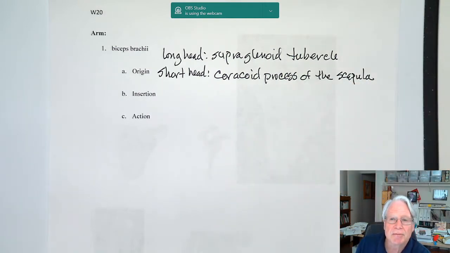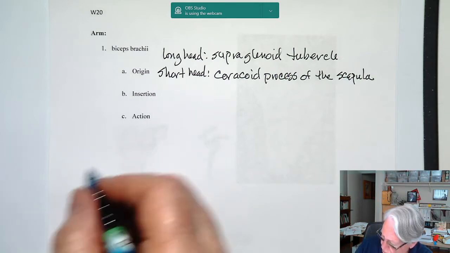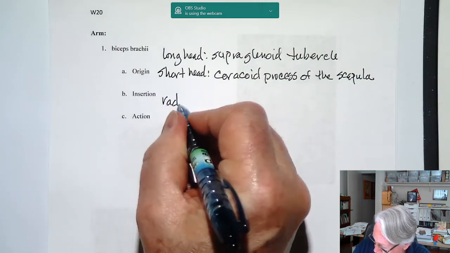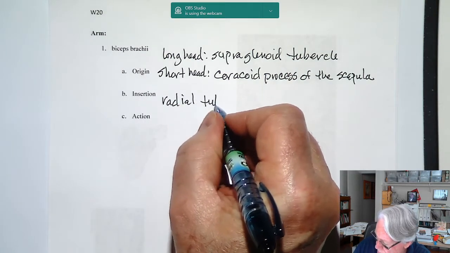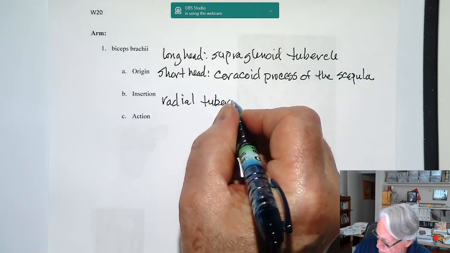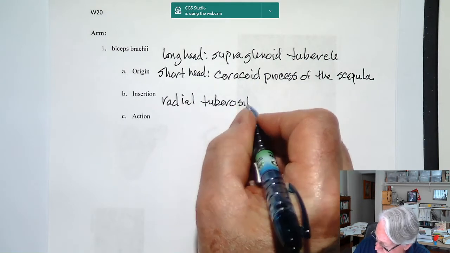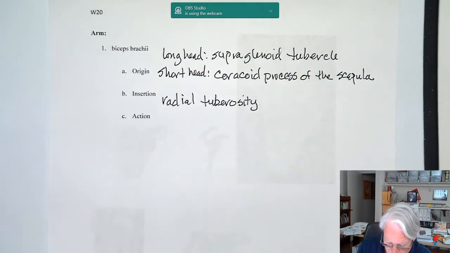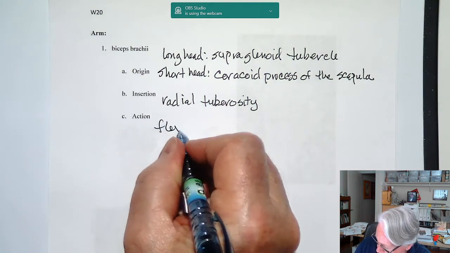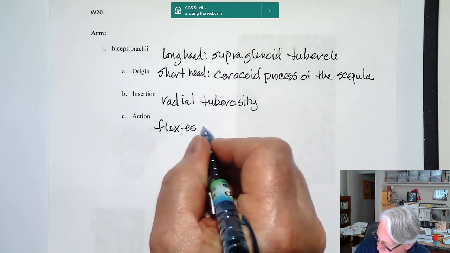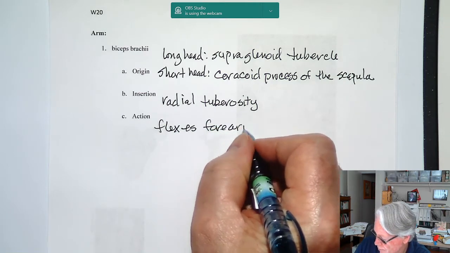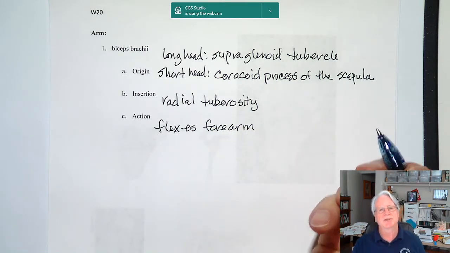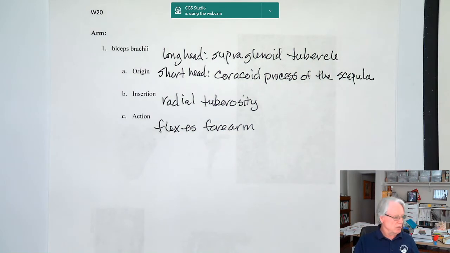The insertion, one insertion, radial tuberosity. Okay. And the action is flexes the forearm. Flexes the forearm. Notice it doesn't say arm, it flexes the forearm.